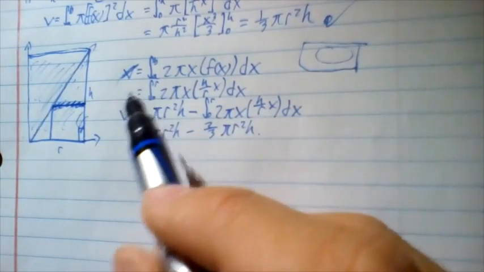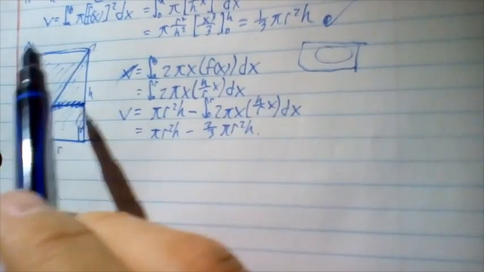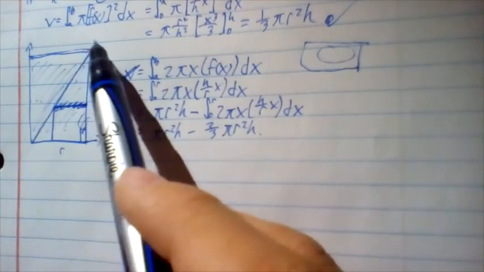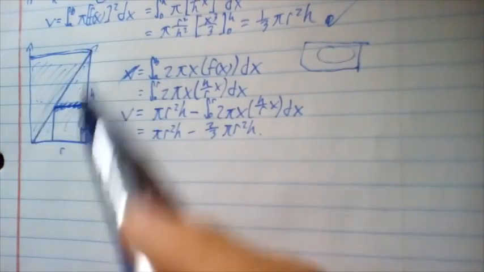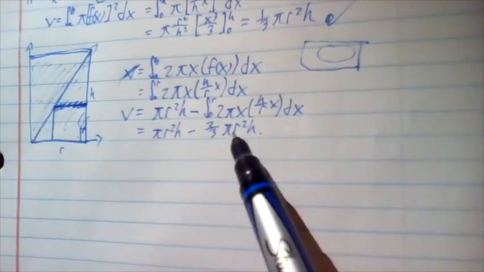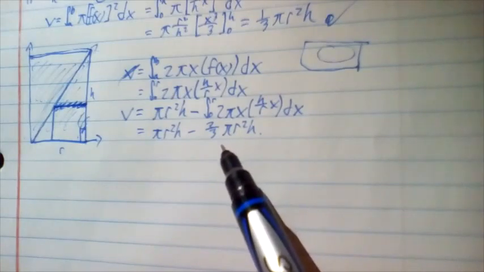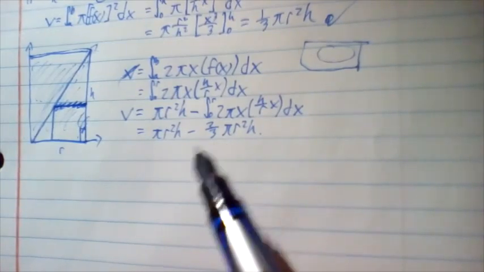Now, the first time I did this problem, I was terrified because I actually forgot that when we just did this integral, we were only finding the volume of this triangle rotated around. So I was really scared. I got 2/3 in there, and I did not know what went wrong. It was a tragedy.